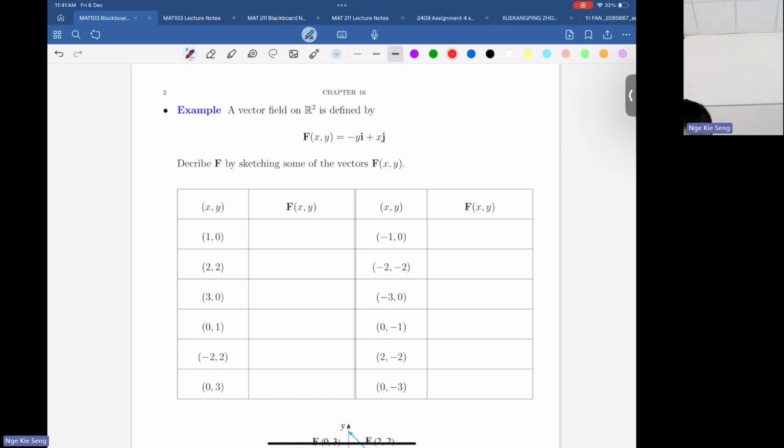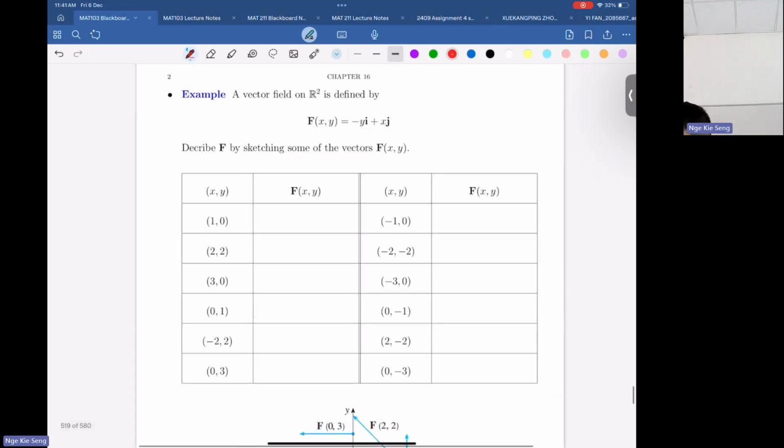Okay, anyone finish computing these vectors yet? So what's the vector corresponding to (1, 0), (0, 1), and then (2, 2)?